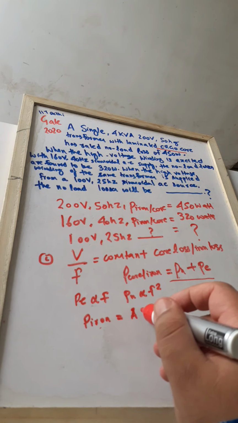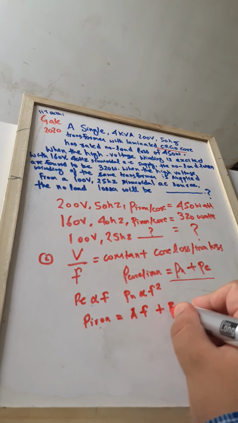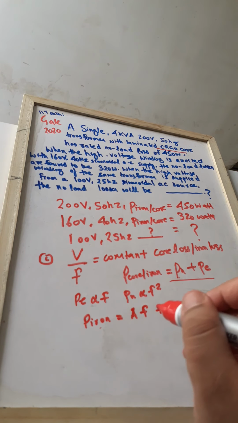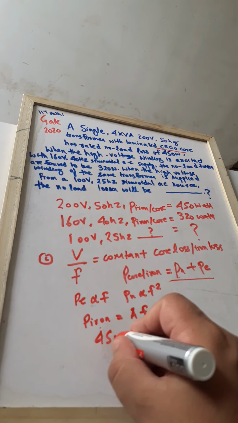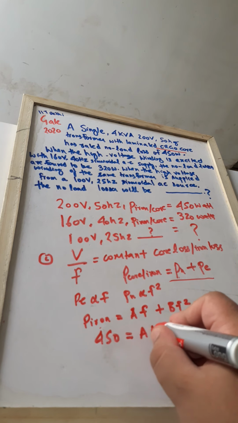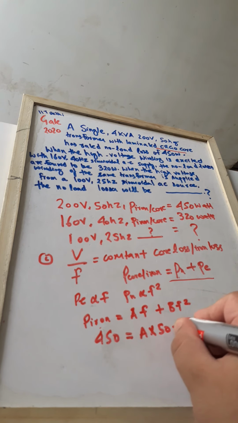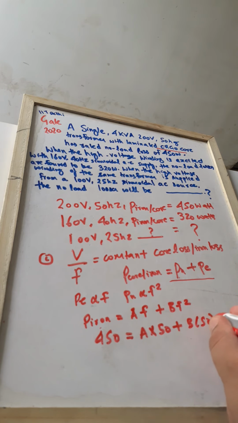So we can write 440 equals A times the frequency, which is 50, plus B times 50 squared.